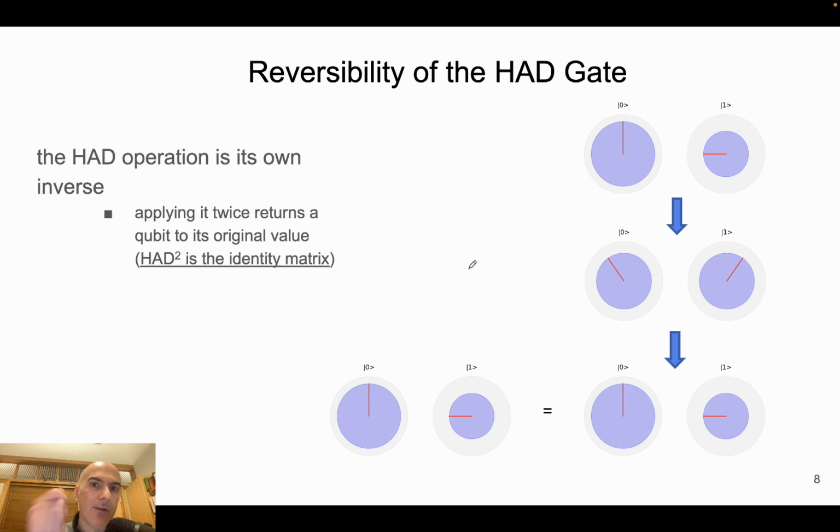So if you start from state 0, and then we apply the Hadamard gate, we go into a perfect superposition, and then we apply the Hadamard gate again to this superposition, we will go back to state 0. So here are a few examples using the circle notation.